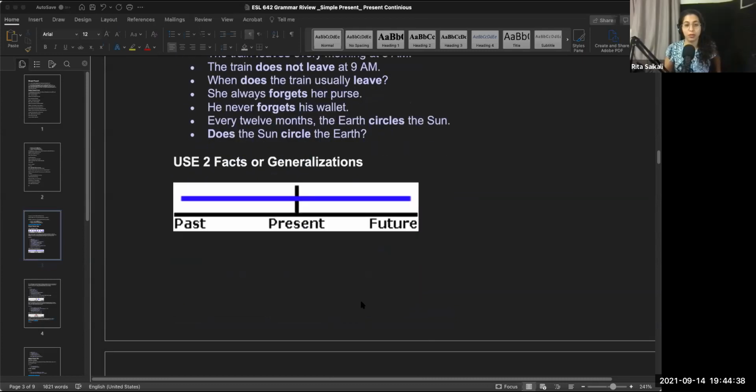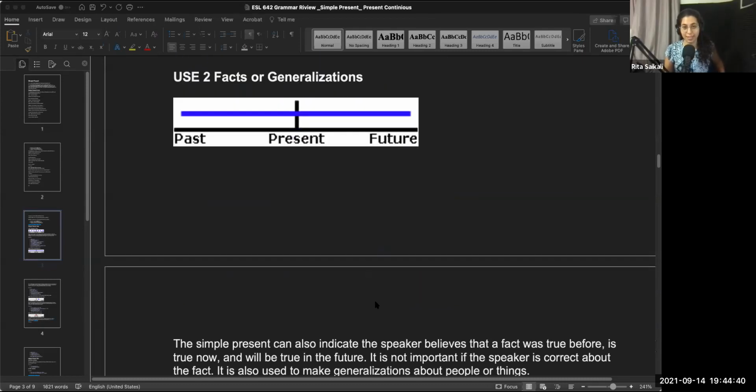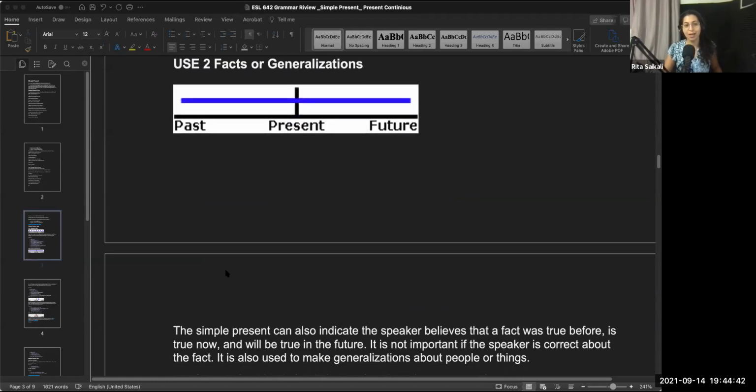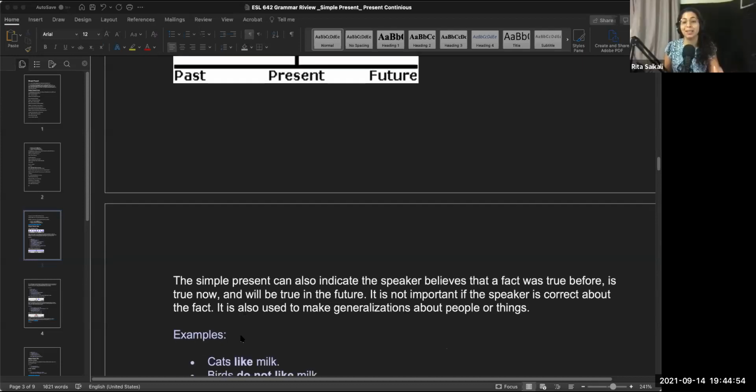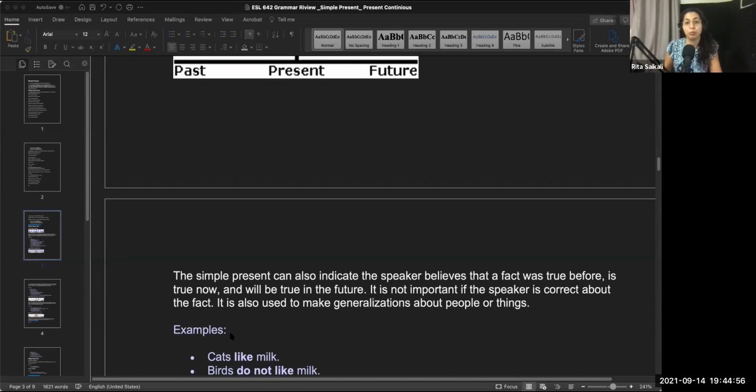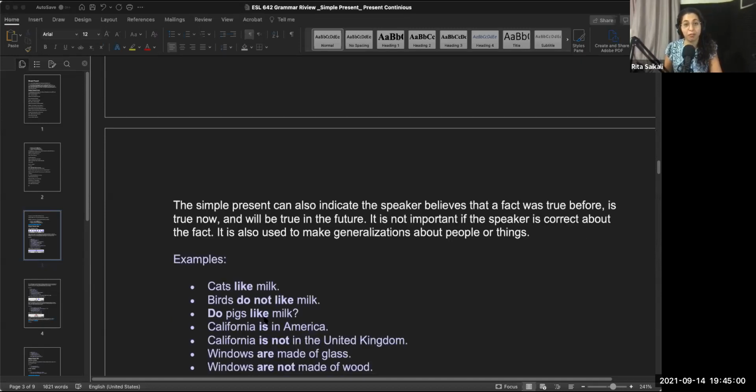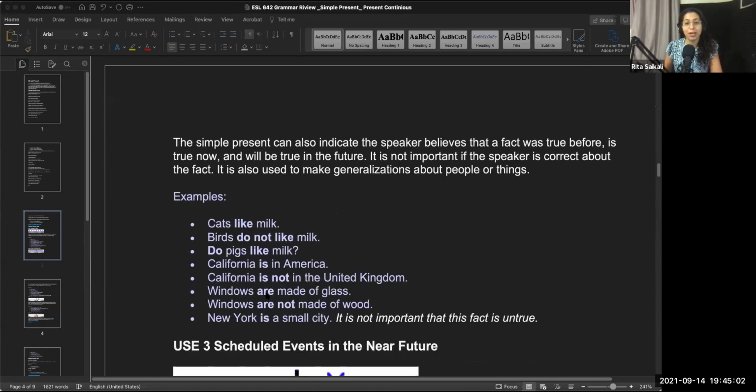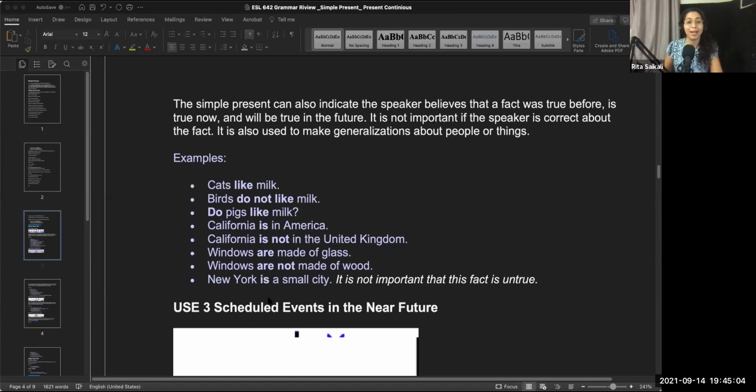The second way we use it is for a generalization. Like I said earlier, a generalization is something that is just usually true. So the simple present can also indicate that the speaker believes that a fact was true before, is true now, and will be in the future. It's not important if the speaker is correct about the fact.